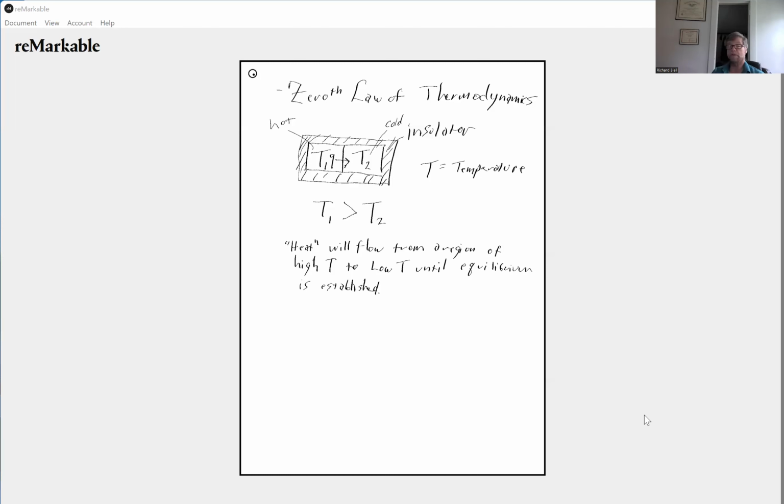We need to talk about equilibrium. So in that thermocouple, heat will flow from one of the metals to the other metal until equilibrium is established, until they're the same temperature.